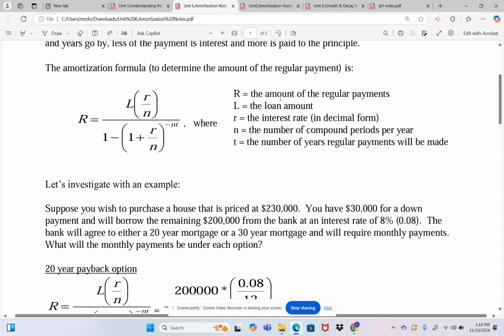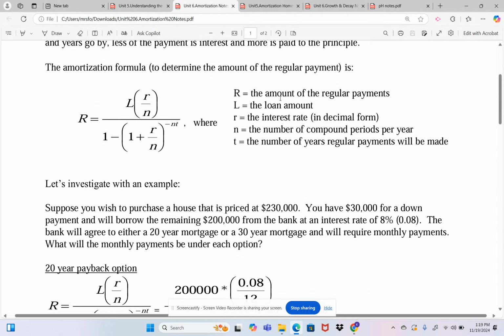So this formula can look daunting, right? It's got a lot of fractions in it, but if we just take it slow and make sure you put everything in correctly, it's not as overwhelming. So let's look at what each piece represents.